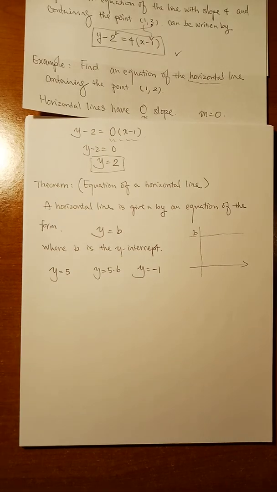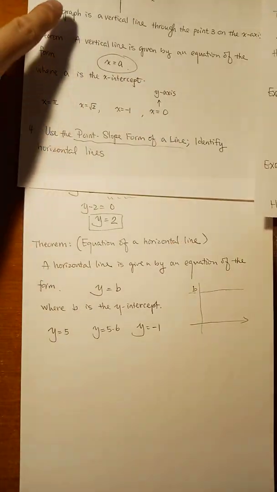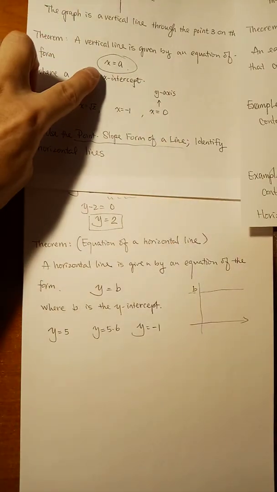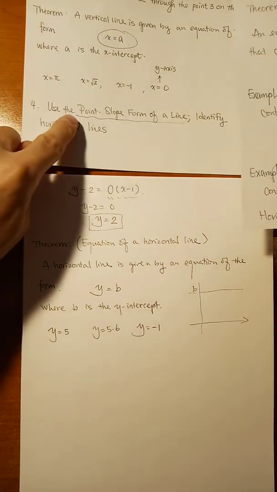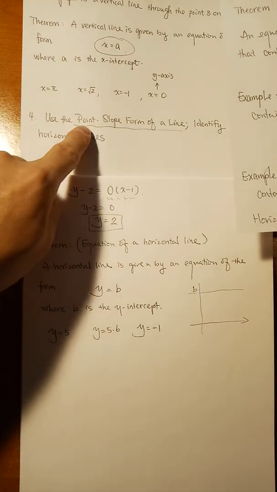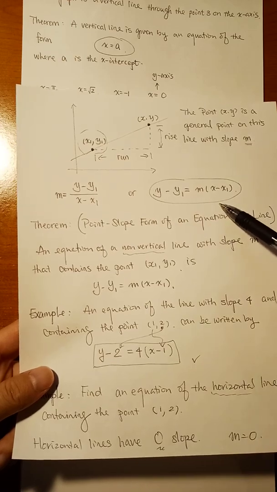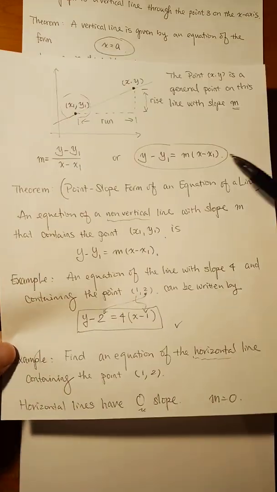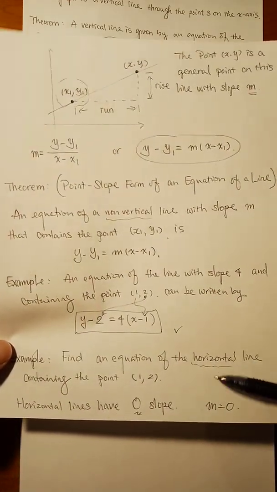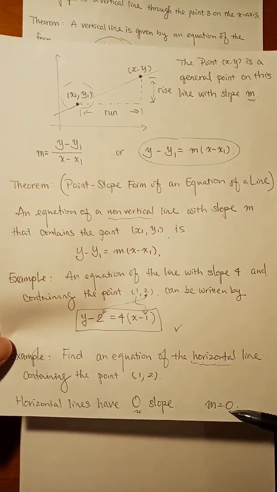So we do it very quick. So far what we have learned, we have discussed the vertical line x equal to a. We discussed the point slope form because this is what we know, slope with a point. And we have rise and run, we can determine the point slope form. And a special case of a point slope form is a horizontal line, because a horizontal line has slope 0.